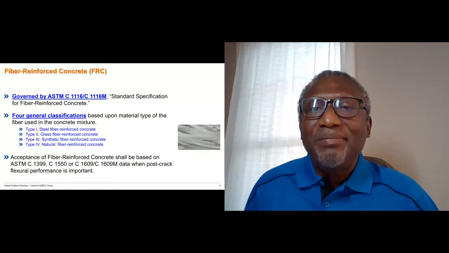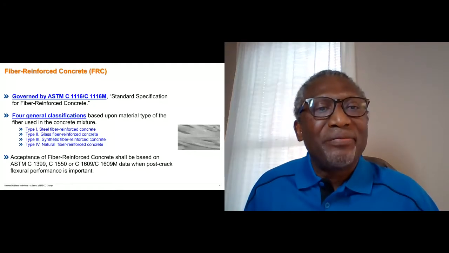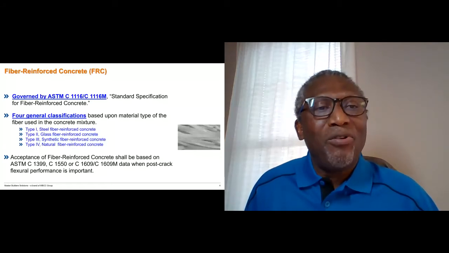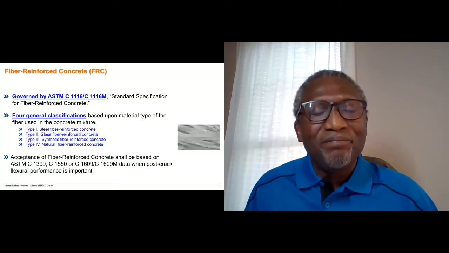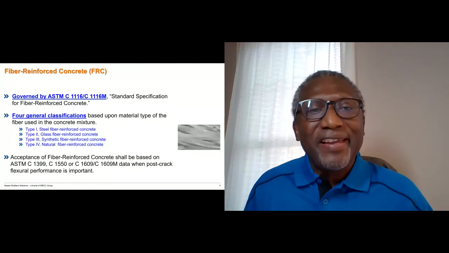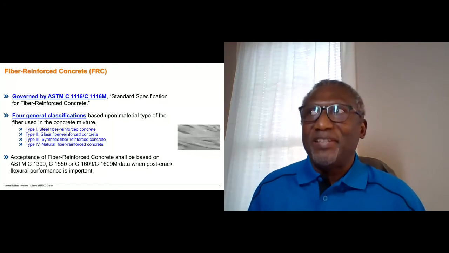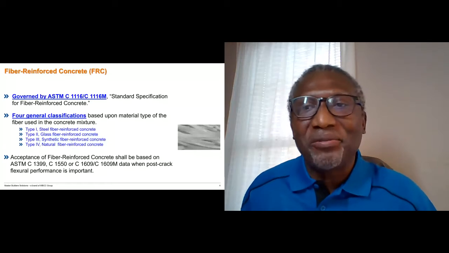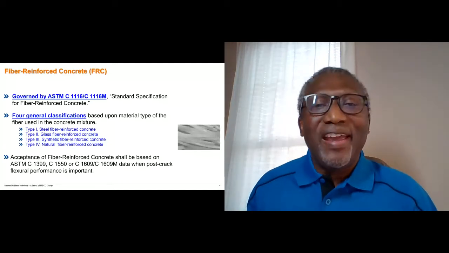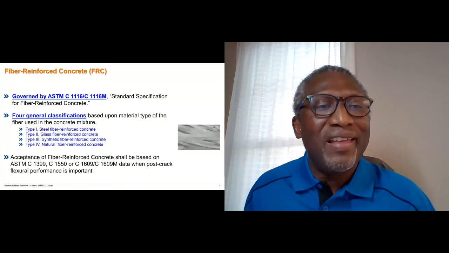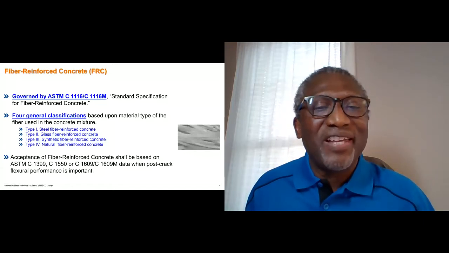And then we have type 2 for glass fiber reinforced concrete, type 3 for synthetic fiber reinforced concrete, and finally type 4 for natural fiber reinforced concrete. Now, as you can see, there's no type 5 or a classification for basalt fibers. And I keep on saying that until the basalt manufacturers or suppliers join ASTM, I don't think any action will be taken to include them in the C1116 specification.